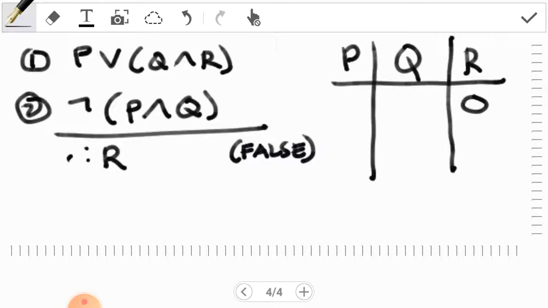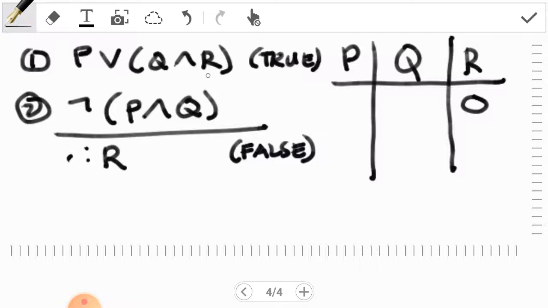Next, we want each premise to be true. We want each premise to be true. And what do we have here? Since we want each premise to be true, let's look at the first premise. The first premise, why are we looking at the first premise?